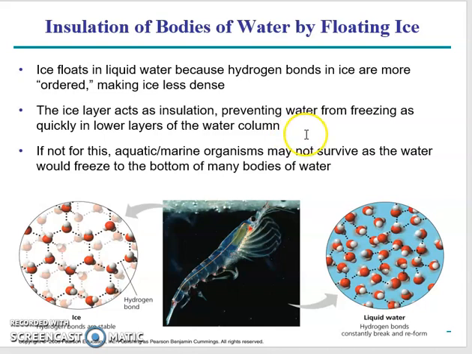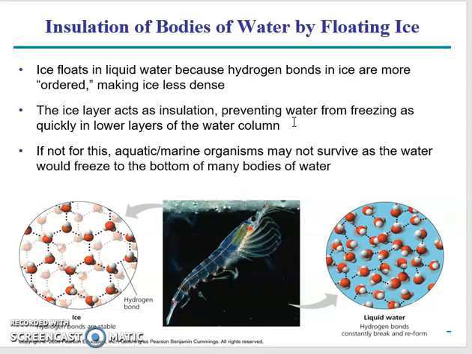So it protects the rest of the water from the super cold air up above, and acts kind of like a blanket over a body of water, a lake, or sometimes even the ocean if it gets cold enough. What that does is protect all the organisms below the level of the ice. Of course, the water is going to be really cold, but it's not going to be frozen.